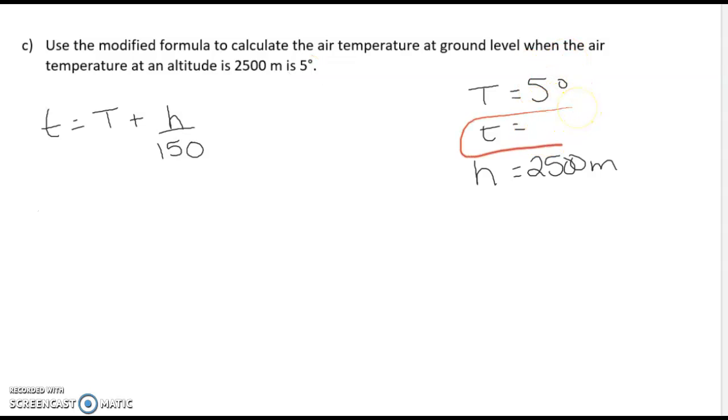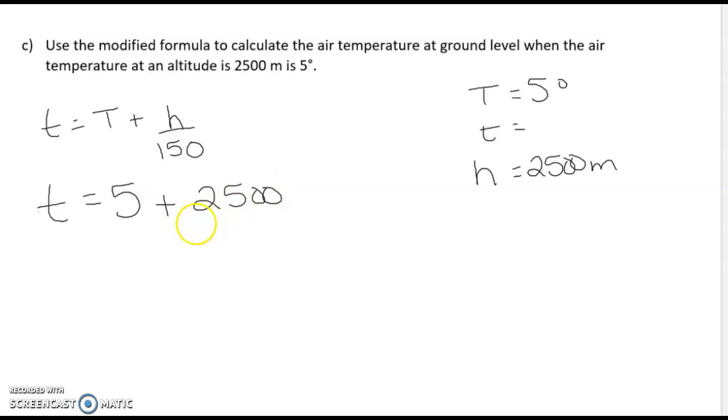We don't know the ground temperature, because it says use the formula to calculate the temperature at the ground level when the altitude is 2,500 meters. So the height for the altitude is 2,500 meters. Now we're just going to fill everything in. Little t equals, our capital T is 5, plus the height, 2,500, divided by 150.